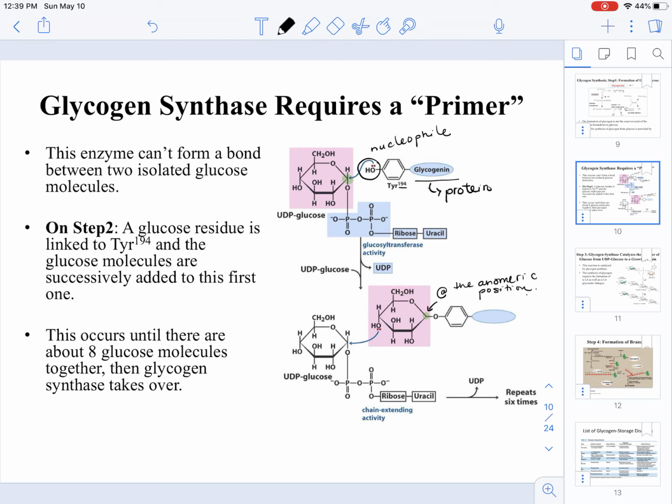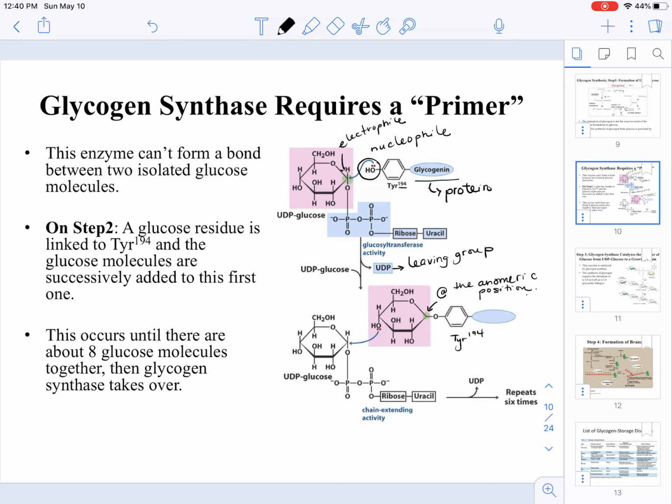The carbon in the anomeric position is going to be our electrophile. And the UDP is going to be our leaving group. Understand that now this glucose molecule has been incorporated into the hydroxyl group of tyrosine 194, which is here.